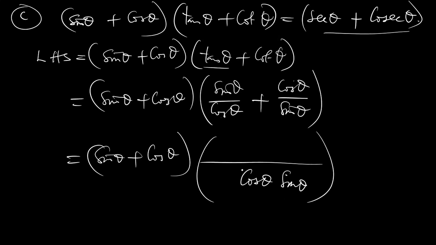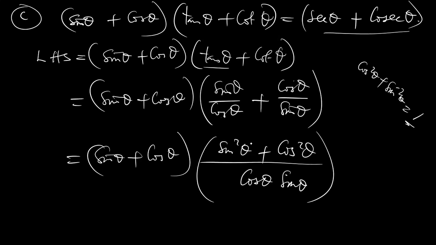Now cos theta divided by cos theta sin theta, you have sin theta. Sin theta times this, you have sin square theta, plus sin theta divided by cos theta sin theta, you have cos theta. Cos theta times this, you have cos square theta. So in this expression, you know that cos square theta plus sin square theta is equal to 1.